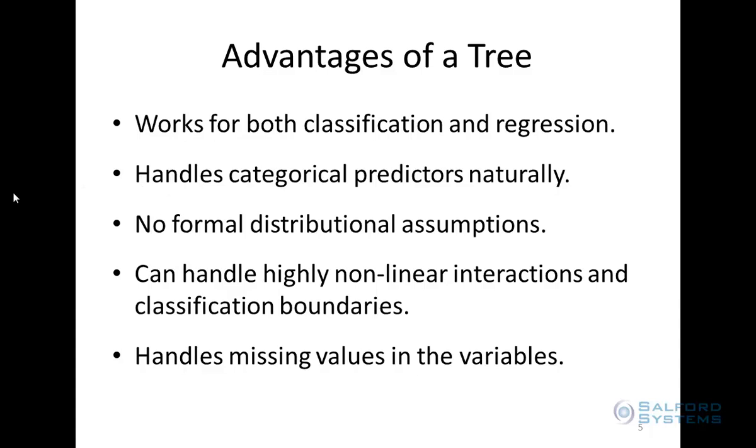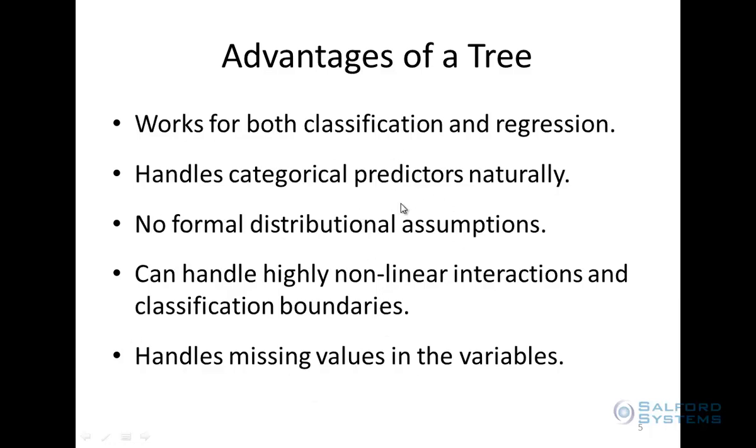That's not realistic in practice. And trees can handle very nonlinear boundaries between groups, which most traditional statistical methods can't do. And they can also handle interactions, which most traditional statistical methods don't do very well at all. Trees can also handle missing values.